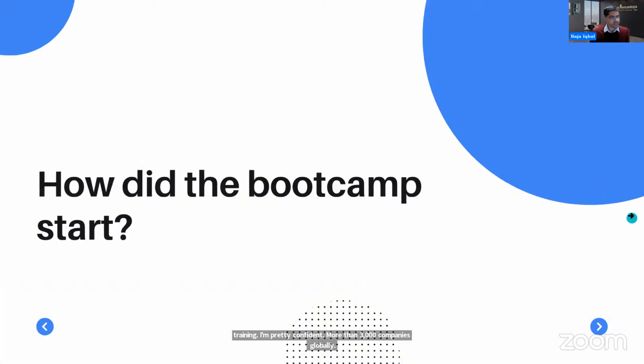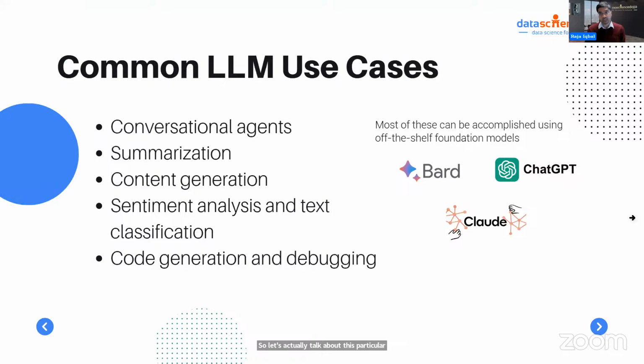So let's talk about this particular bootcamp, the Large Language Models Bootcamp. The story goes like this. Early last year, OpenAI launched ChatGPT. The APIs already existed, but the buzz was created when OpenAI launched ChatGPT, and suddenly people realized how incredibly powerful these tools are.